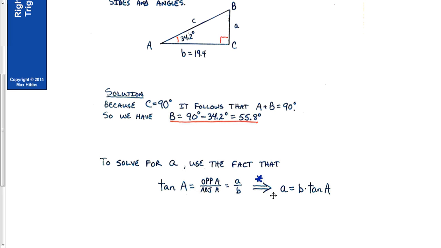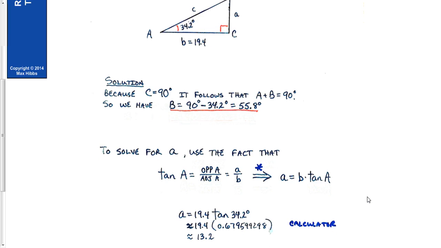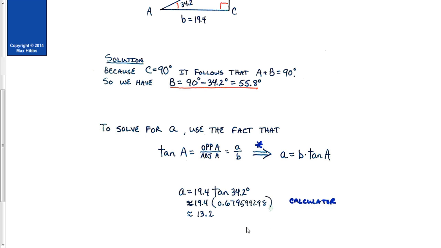So here's where we are. I'm looking for A, I know B, and I know angle A. So I actually put those values in here. In fact, let me pause and get my calculator out and show you how I've done this.